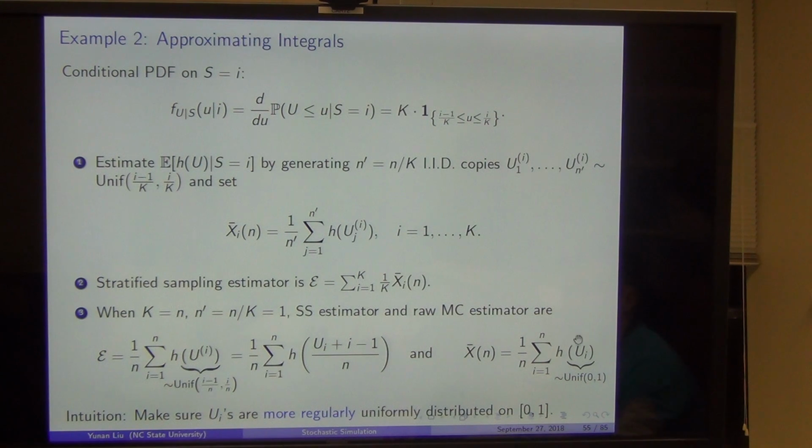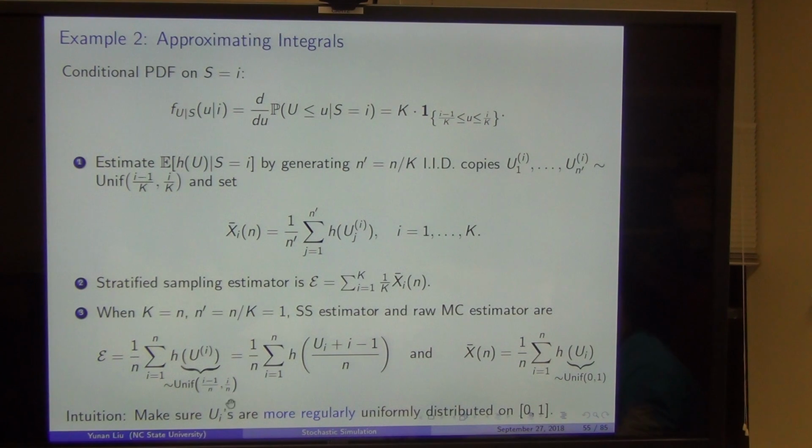So, okay, look at the crude Monte Carlo estimator, which is just the X bar of n equals 1 over n summation of iid copies of h of Ui. Each Ui is uniform 0, 1, right? I have the same formula, except that my U's are not iid, because each Ui represents each case.